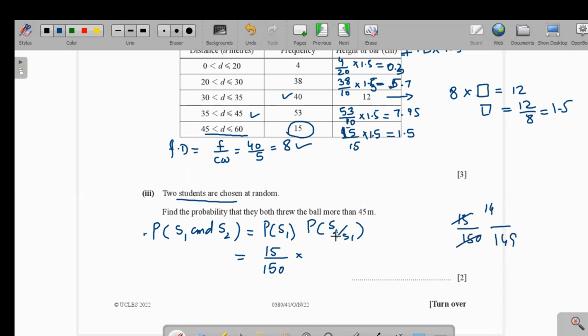Therefore, the probability of the second student is 14 out of 149. Now we simplify this. 15 over 150 multiplied by 14 over 149 gives 1490, and we divide by 2, we get 7 over 745. This is the answer, 7 over 745.